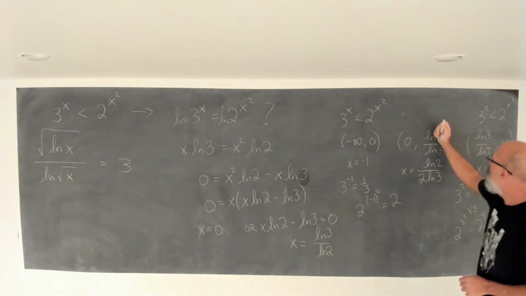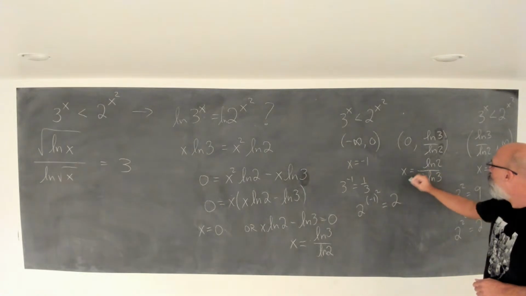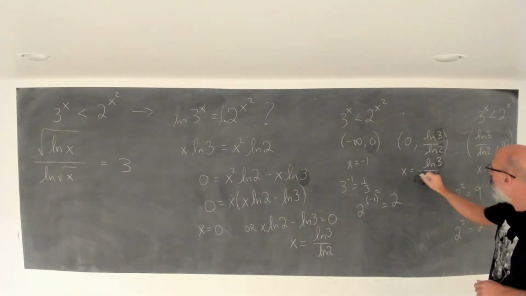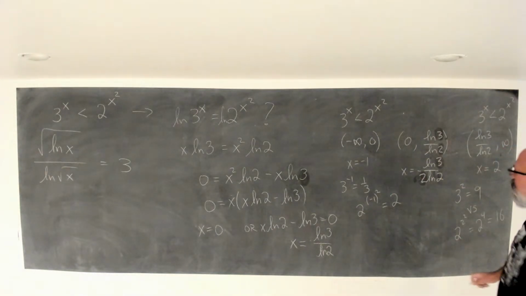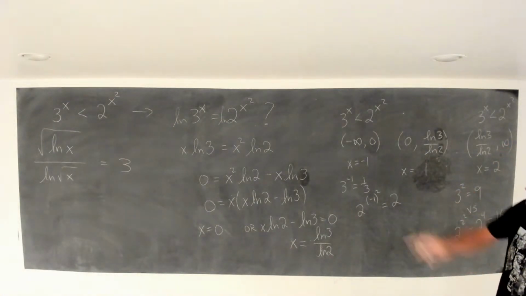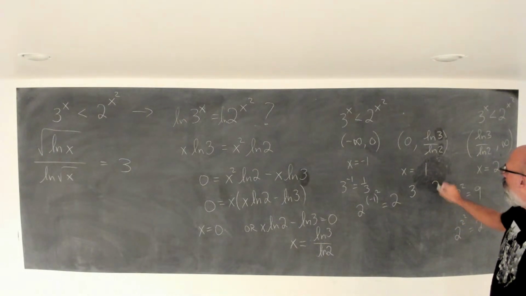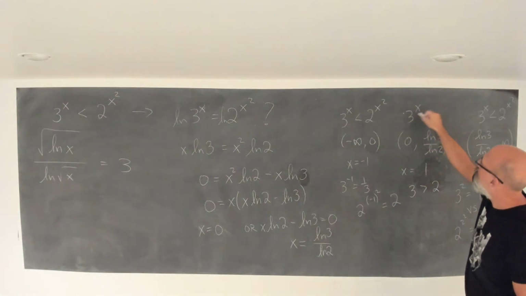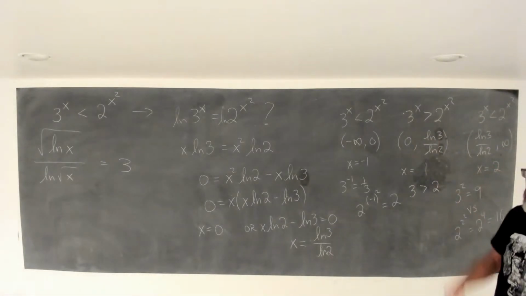So very nice, but as pointed out, it's ln 3 over ln 2, so you could just use 1, or you could use half, and regardless, somebody suggested 1, and 1 is obvious, right? It's 3 versus 2, and this one is bigger, so 3 to the x is bigger than 2 to the x squared in this interval. Very nice.